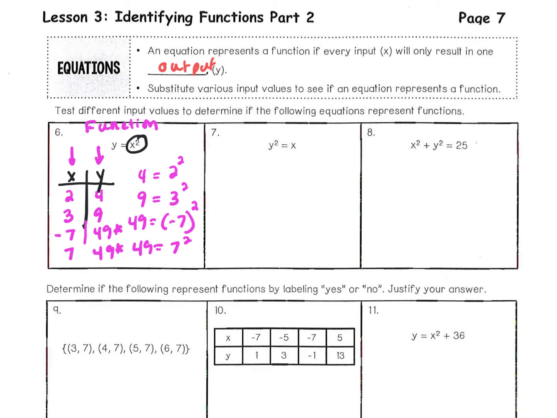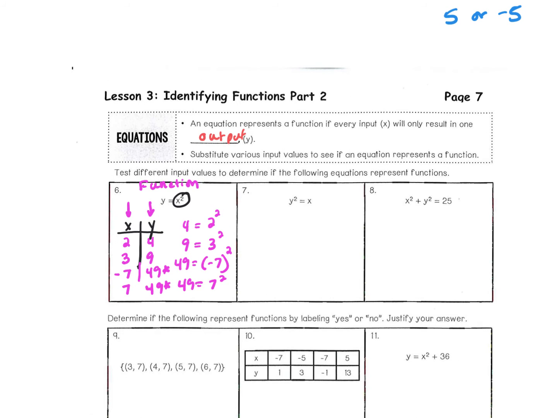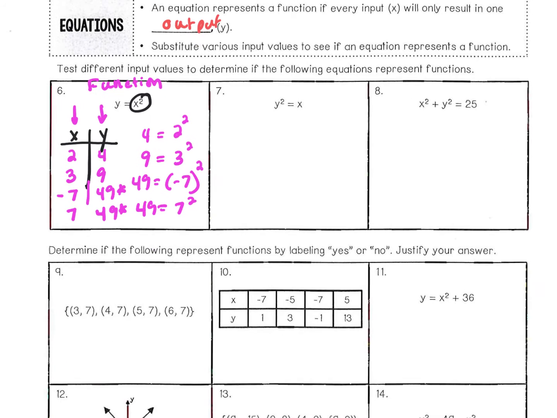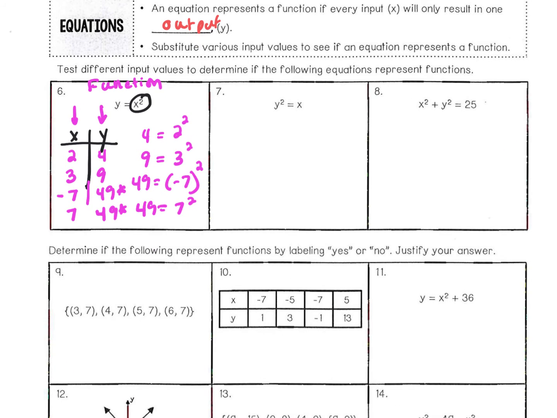So now let's go on to the next equation. As we test this equation, we're going to build a table again. And I can see that the y this time is squared, not the x. So I'm going to have an input, but in my table, I need the y to not be squared. I need my input and output to not be squared.